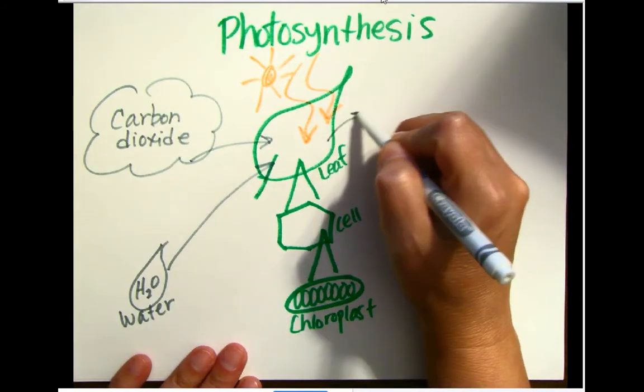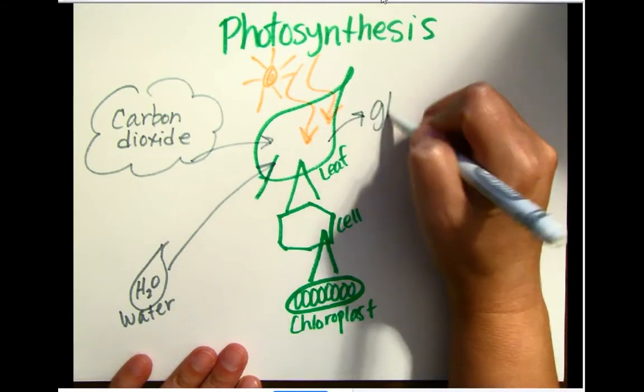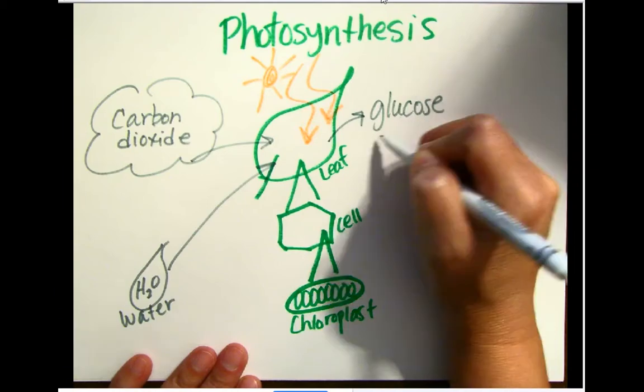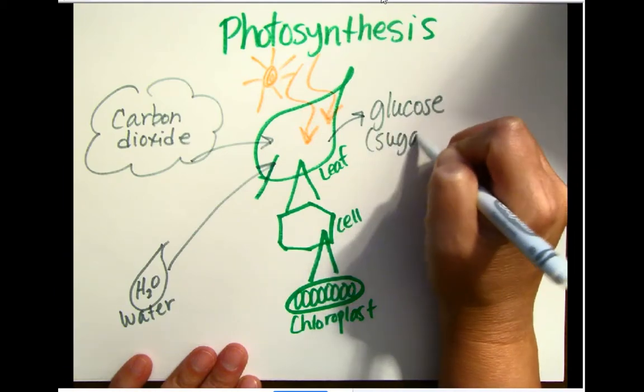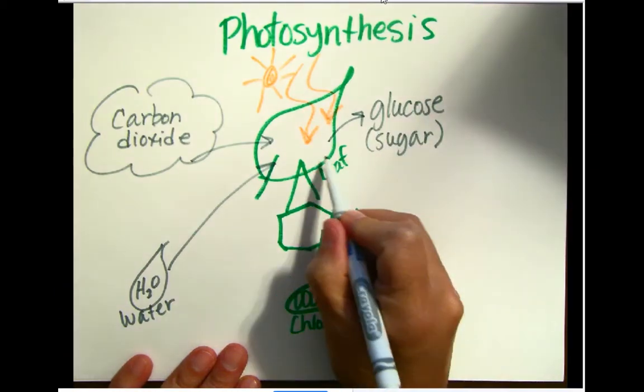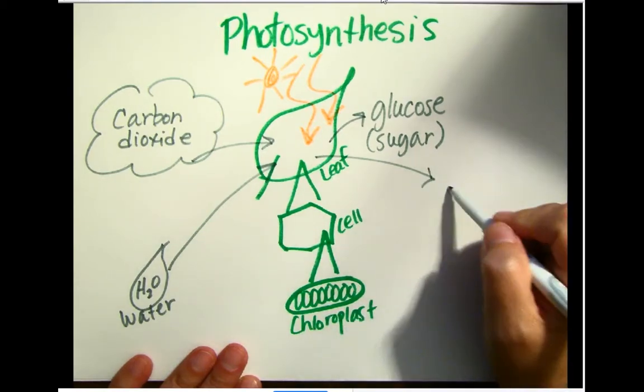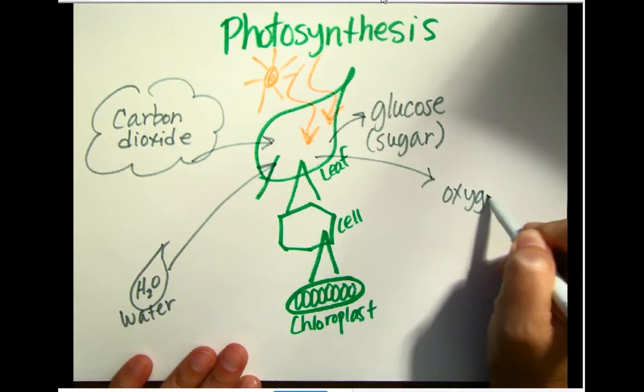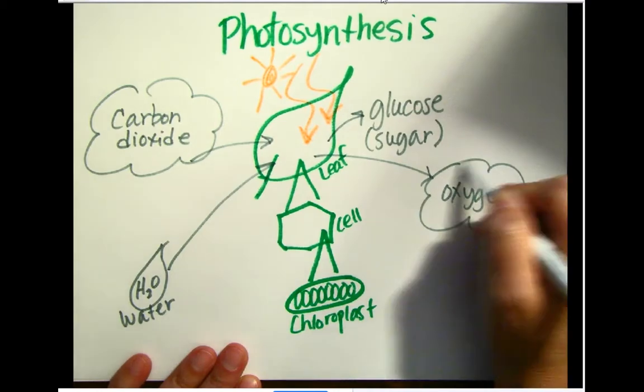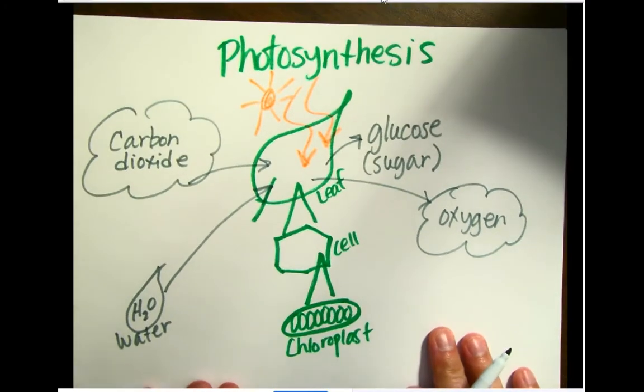So out of this process, we get glucose. It's a type of sugar. And we also get oxygen out of this, which is a gas. Okay?